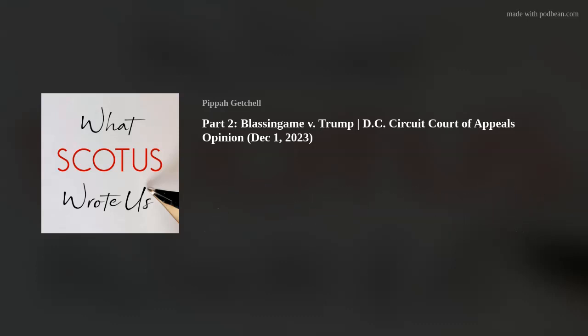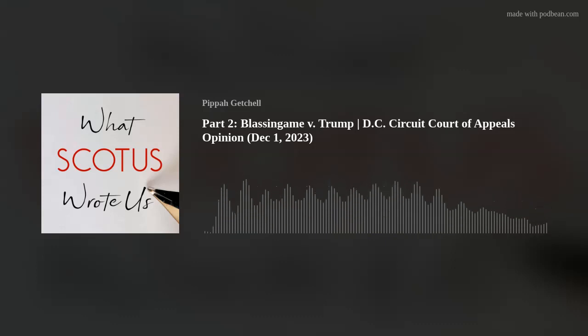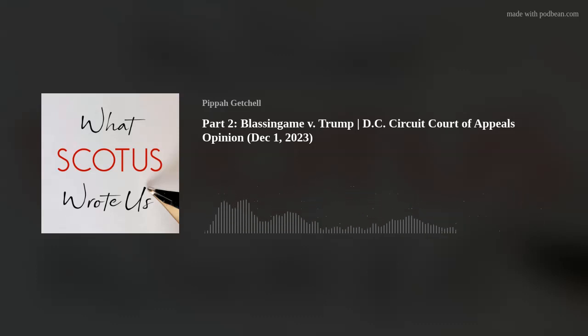The pro-incumbent imbalance would be especially stark if the former and current presidents were to run against each other.